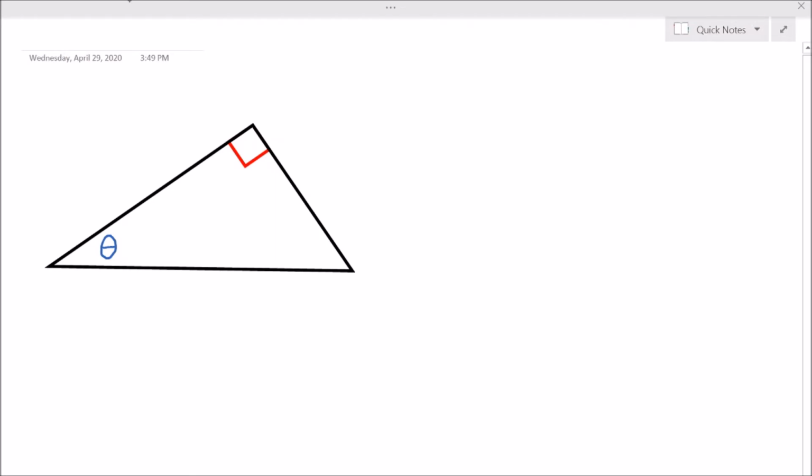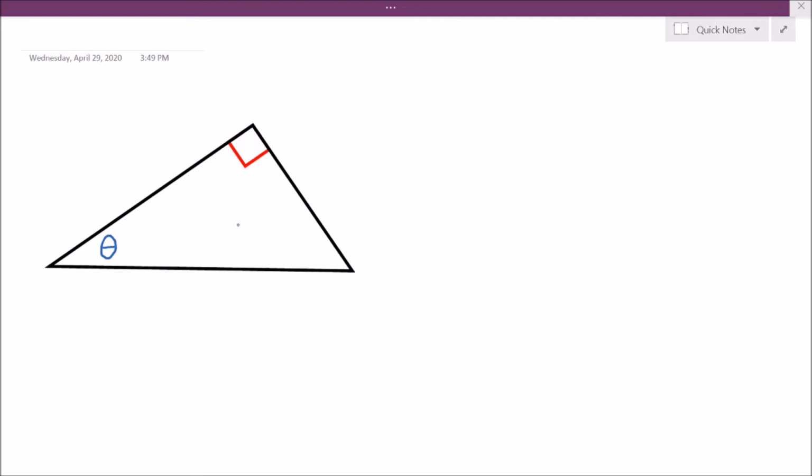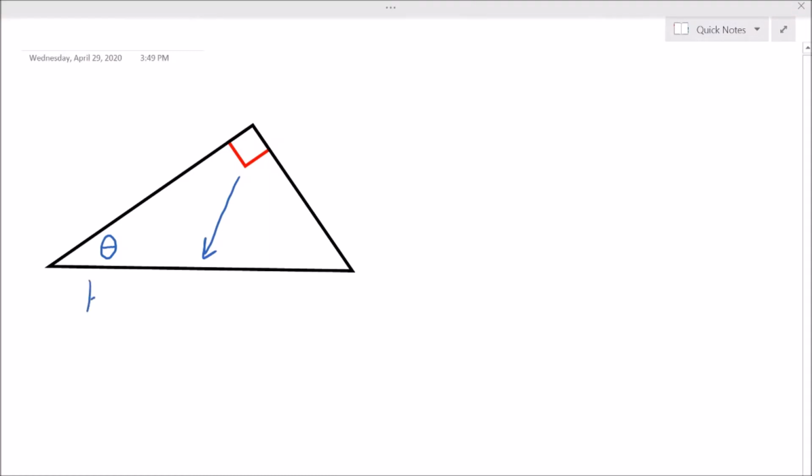So with respect to this angle that I've marked, each of the three side lengths has a special name. And actually, one of the side lengths you already know the name for, right? Remember that the side across from the 90-degree angle is called the hypotenuse. So in this case, the hypotenuse is down here. And then the other two sides.